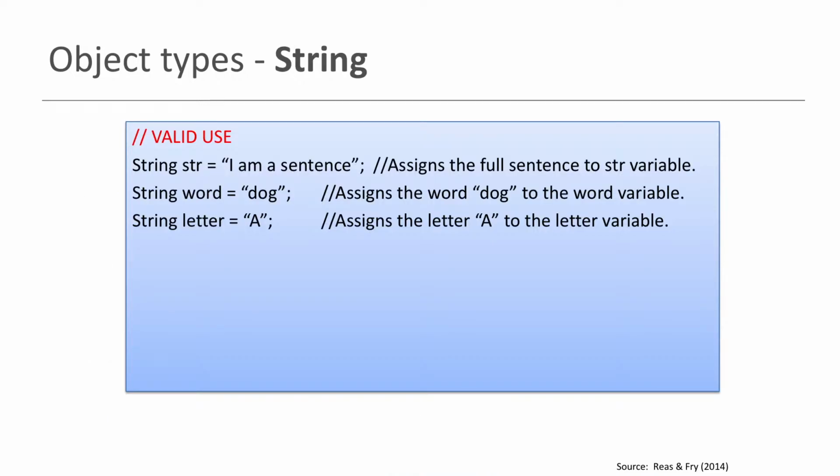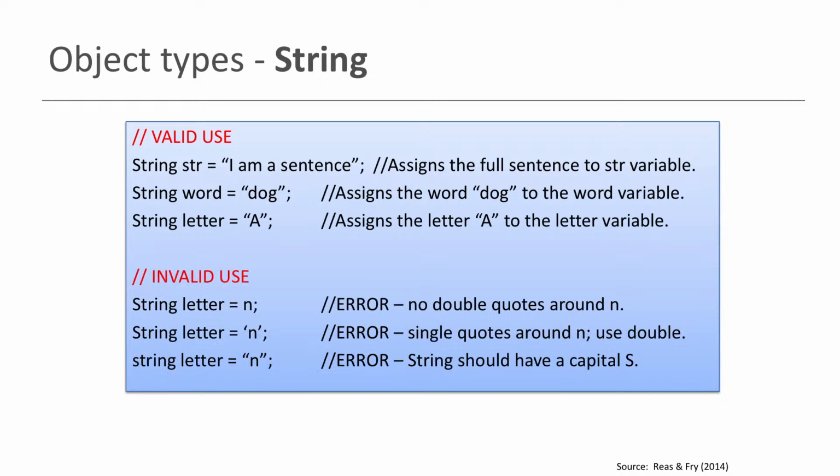These are valid uses. Note, String is in uppercase. We have the variable name, assigned value. First case, it's "I am a sentence." Second one is "dog." Third one is "a," all in double quotes. Where you go wrong is if you don't use the double quotes to initialize, or you try to assign a character to a string.